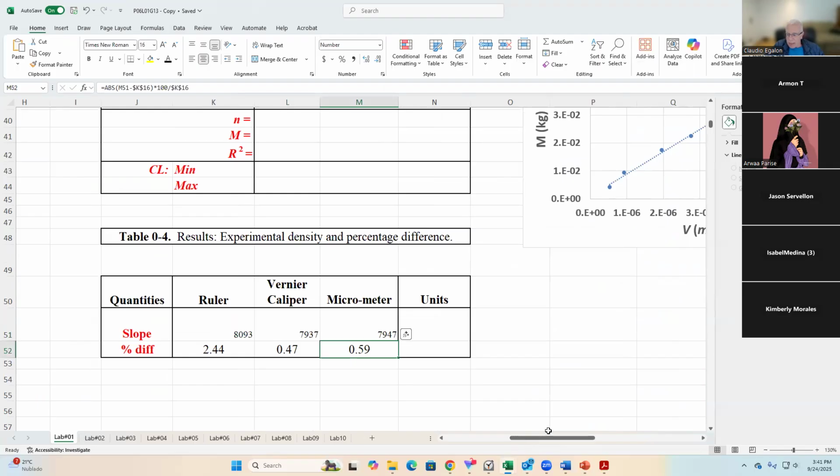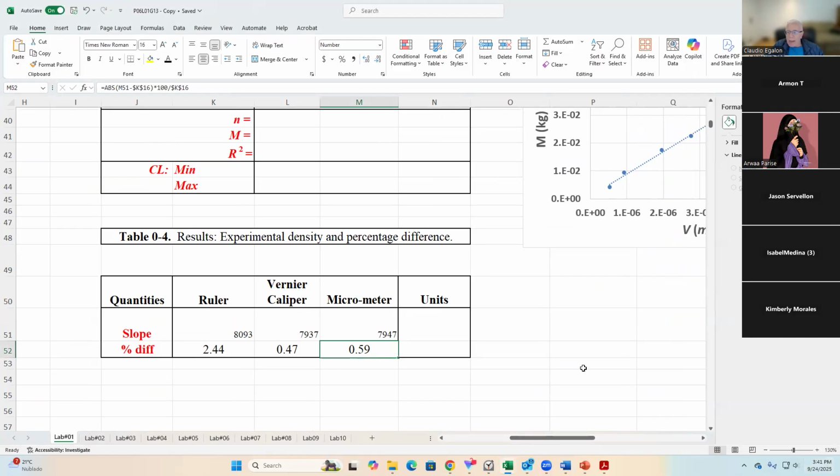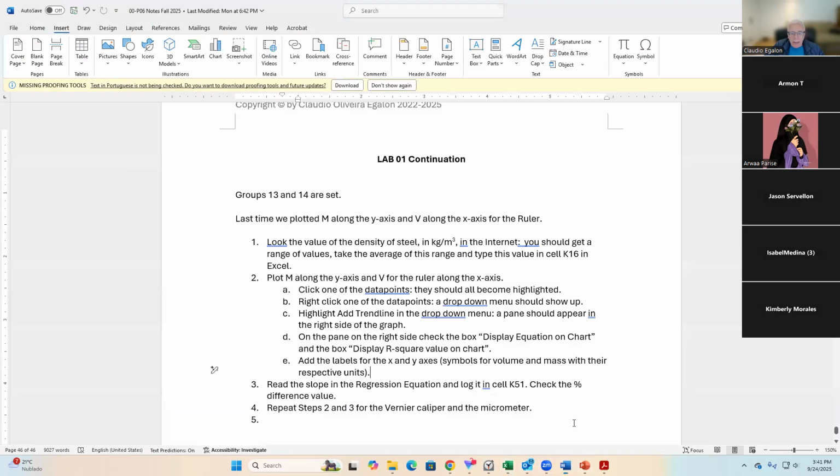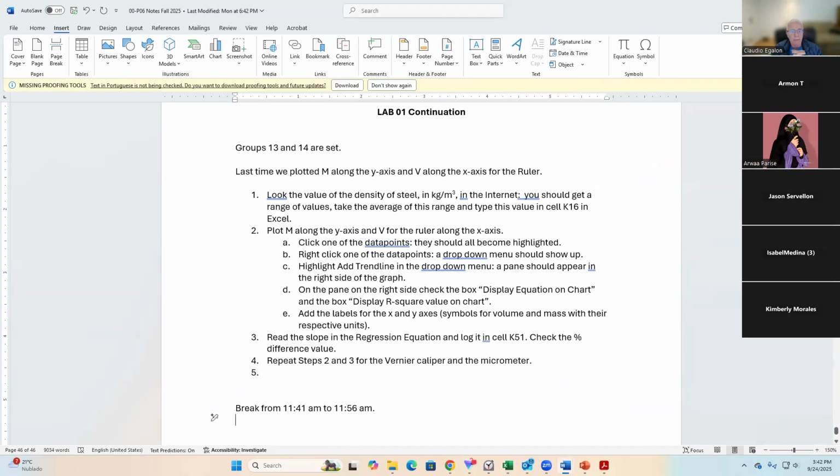Any questions? Let's see, what time is it? I think it's time to get a break, right? 11:41. Let's take a little break now. Break from 11:41 a.m. for 15 minutes, to 11:56 a.m. And then after we come back, we go for another 50 minutes.